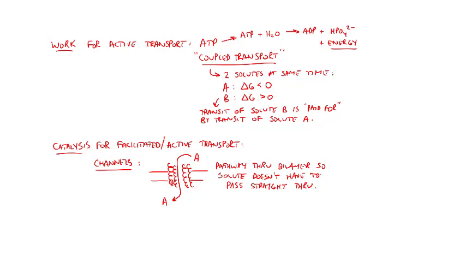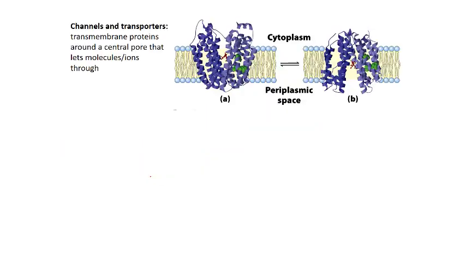And that's important for polar molecules or for ions especially, because an ion or a polar compound, when it's in the interior of the bilayer, is not going to be able to form hydrogen bonds. And so the channels sort of act as an alternate solvent for the solute while it's passing through the lipid bilayer. So let's take a look at channels and their closely related cousins, transporters.